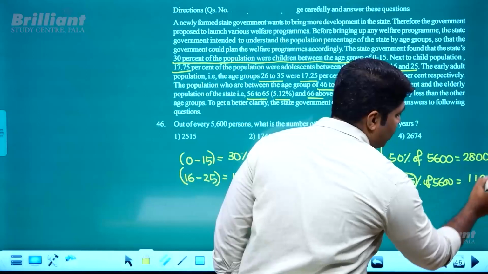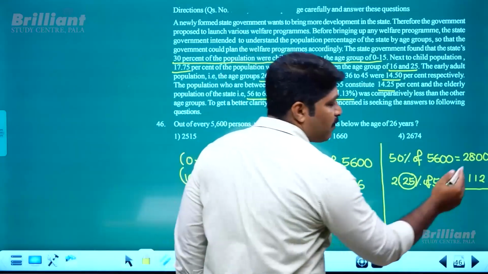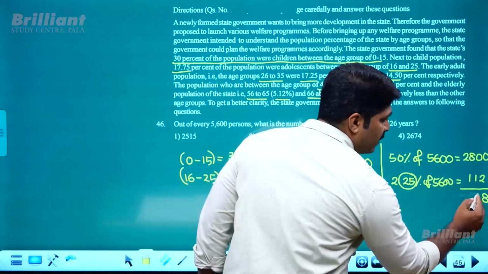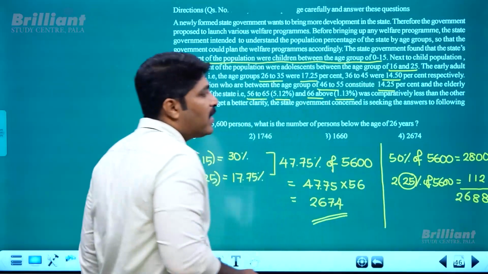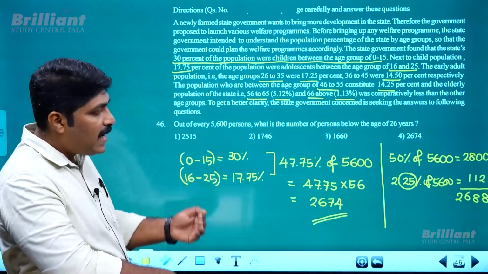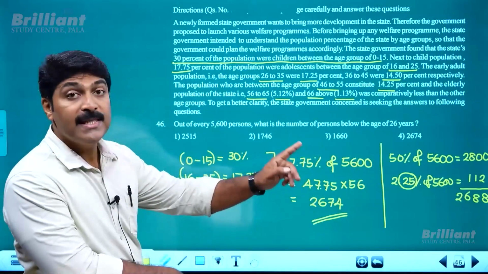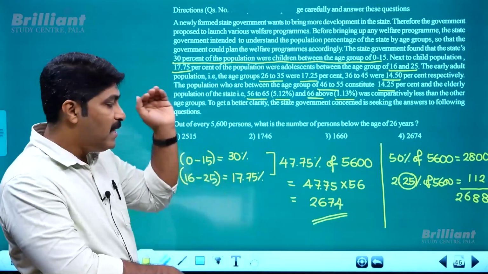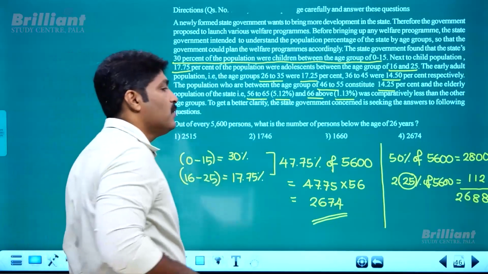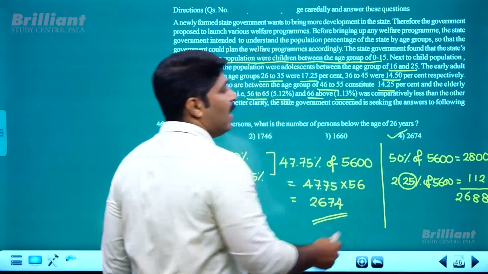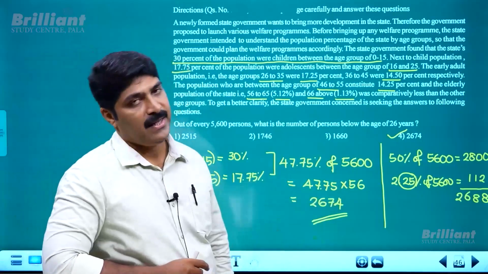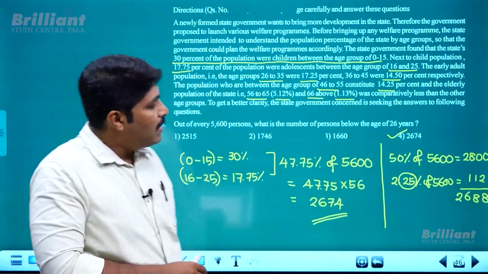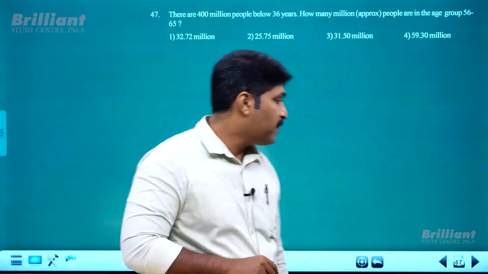While we are subtracting the values like this, so this will be equal to 8, this is 8, this is 6, so this is 2. Our answer should be slightly less than 2688. Hence the answer is option 4. Otherwise, you have to do the entire operations. The similar concepts we can apply for further sets of questions also.